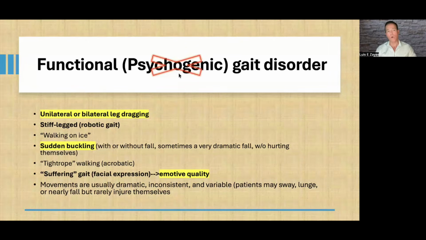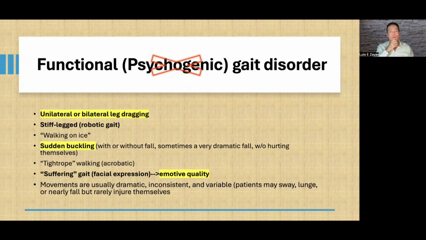I want to call that functional, even though functional still is not a good name, because patients still don't understand well when you just say you have functional neurological disorder. You need to explain more than just saying functional, because for them, there is nothing functional here. It's dysfunctional.